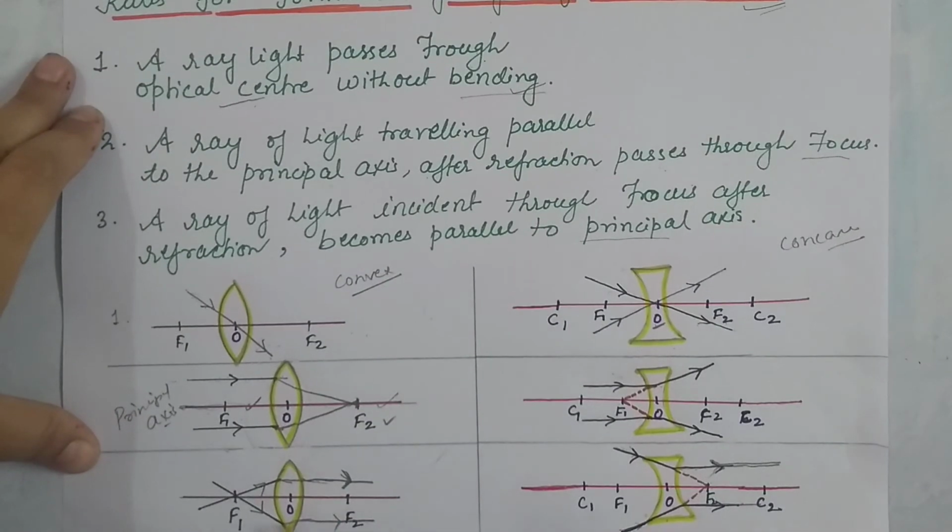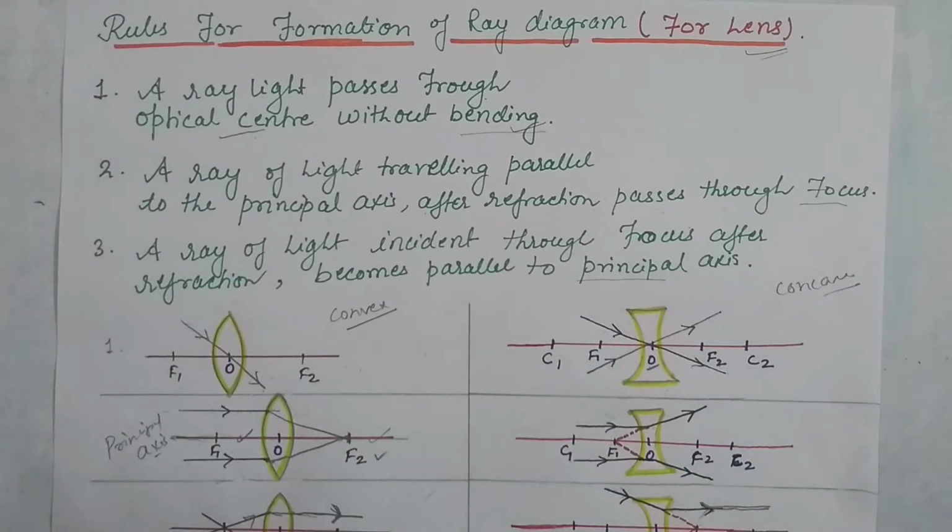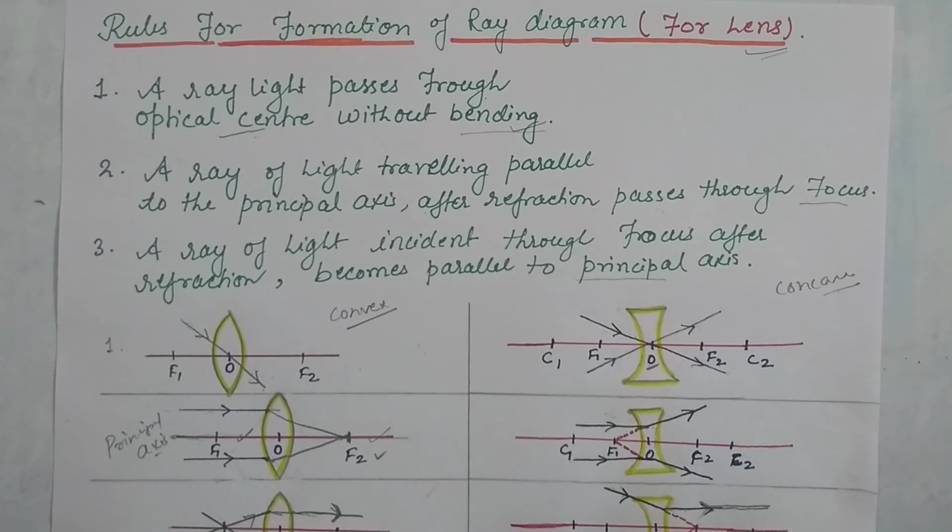And last, if it passes through the focus, it must go parallel to the principal axis. So we studied the three basic rules, as well as the real and virtual images formed by lenses. By using all these rules and the image formation, we can easily draw the ray diagrams for lenses.